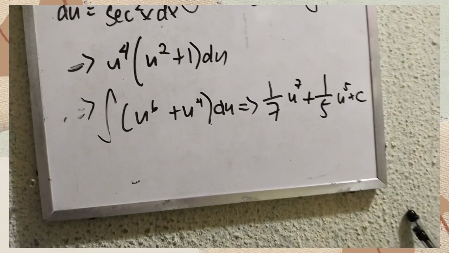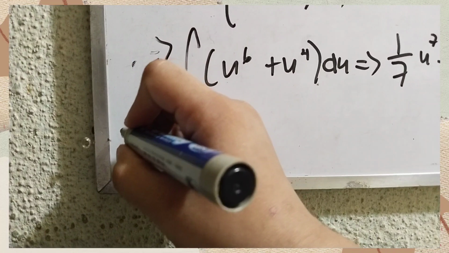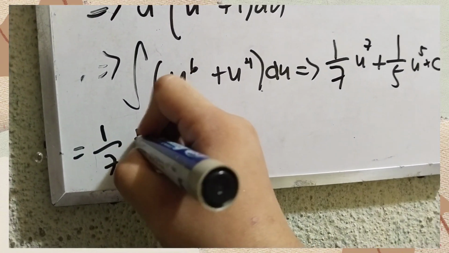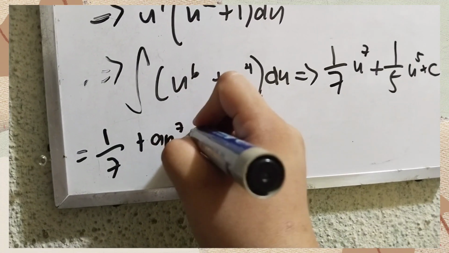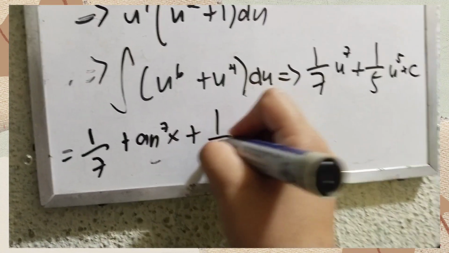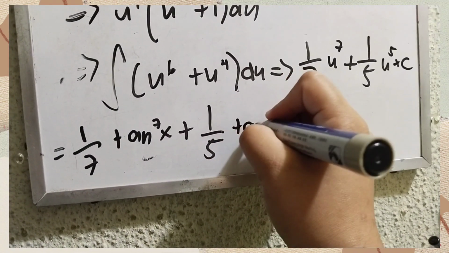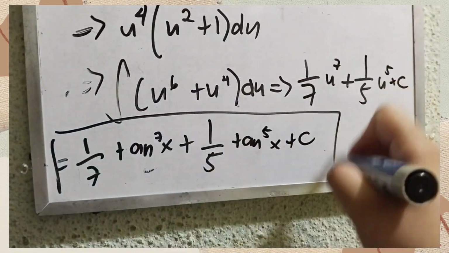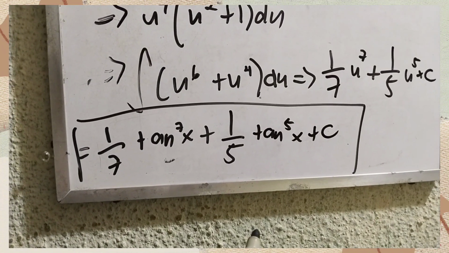We can resubstitute, and we will get 1 over 7 tangent to the 7th x plus 1 over 5 tangent to the 5th x plus c. So this is our final answer.